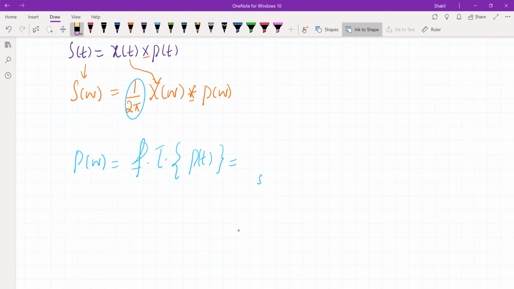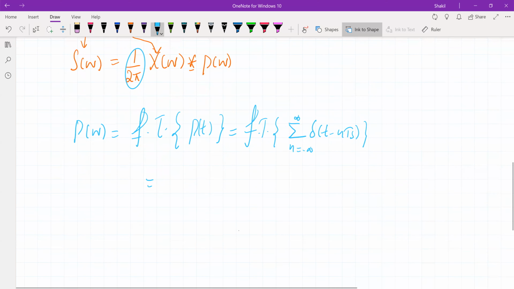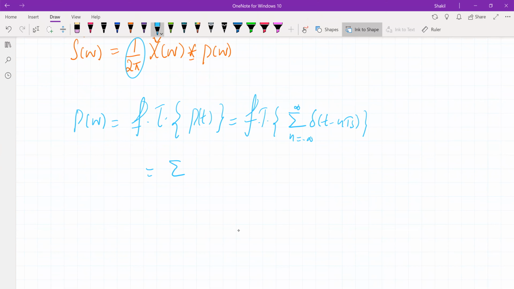Let's rewrite it. This means the Fourier transform of the summation, n running from minus infinity to infinity, of delta t minus nTs. The Fourier transform of this signal is, remember, again an impulse train.